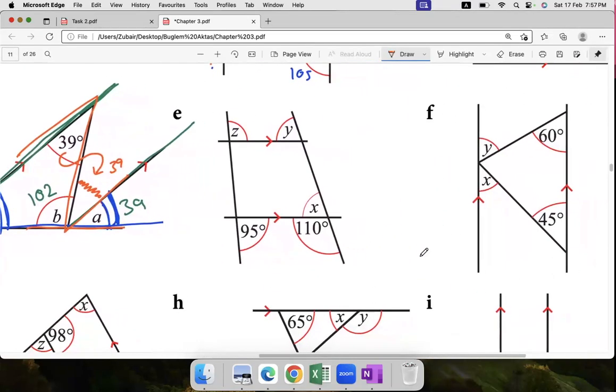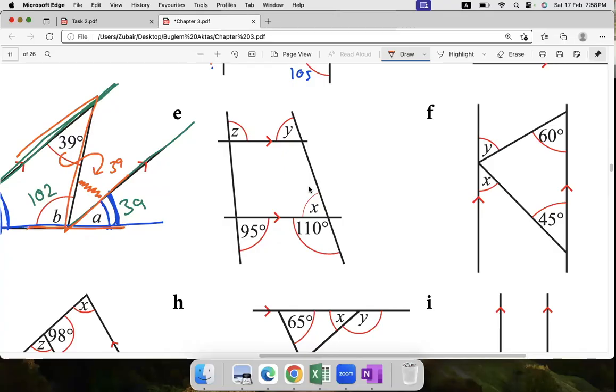Okay. E part, X, Y, and Z. Z is 110. 95 is Y. And X is 95 as well. Please reconsider Z. X is also not 95.